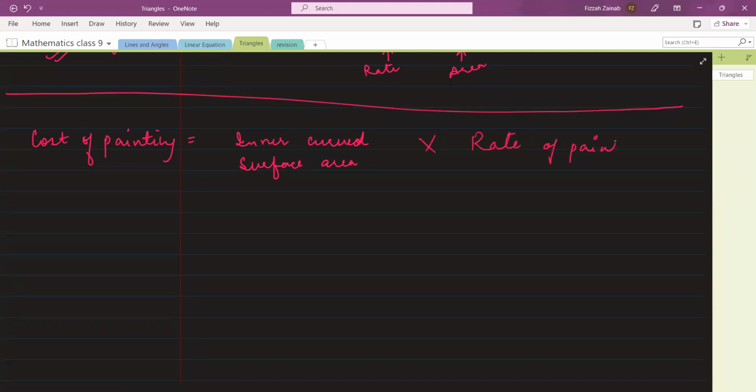I hope you understand this step now. It is just the reverse of what we were doing previously. Now this cost is already given, that means 2200, and this is your inner CSA into, now this rate is also given in the question, which is rupees 20 per meter square.